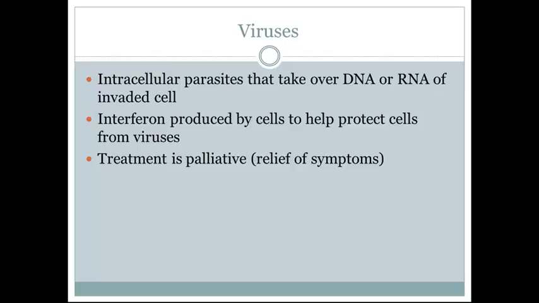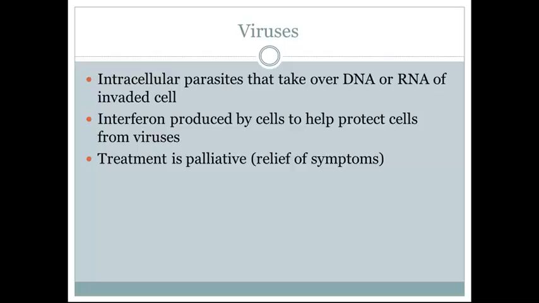There are some antiviral medications out there that are used for viral type infections, such as Relenza or Tamiflu for some of the influenza type infections. But our best line of defense is our vaccines.